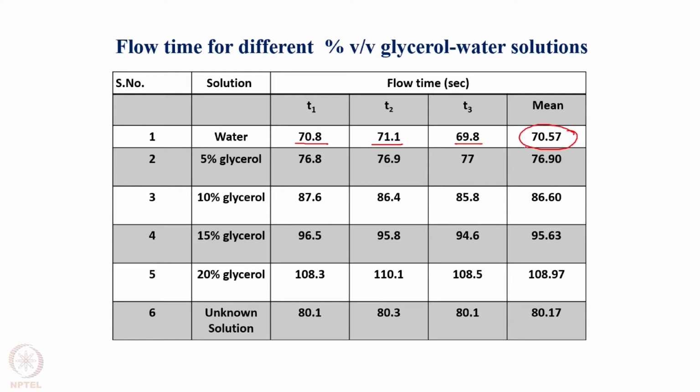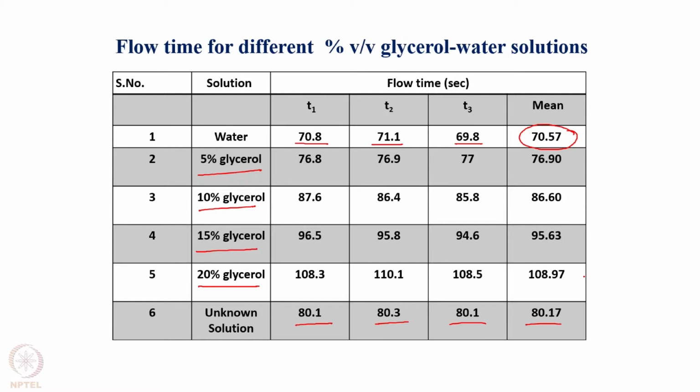We did this for all other liquids, that is 5% glycerol, 10% glycerol, 15% glycerol and 20% glycerol. We also did this for the unknown glycerol solution, and we obtained the readings as 80.1, 80.3 and 80.1. So we took their average and it was obtained as 80.17. All the readings here are in seconds.